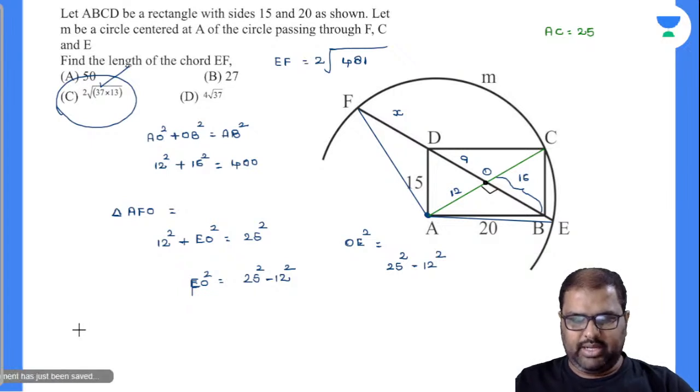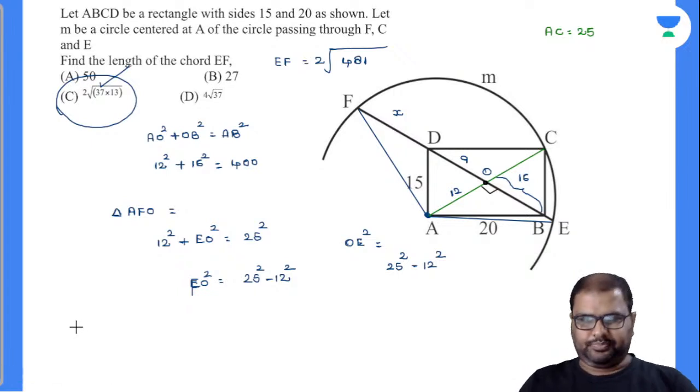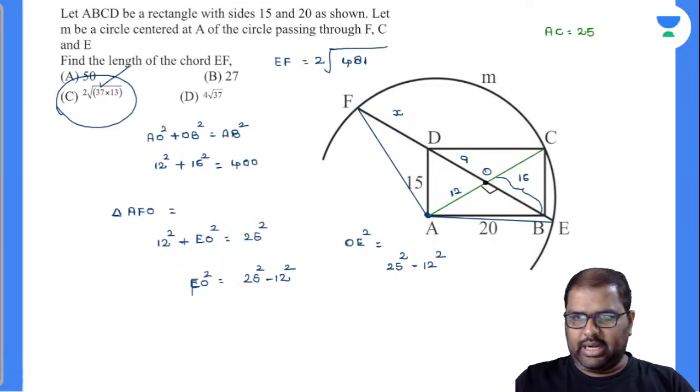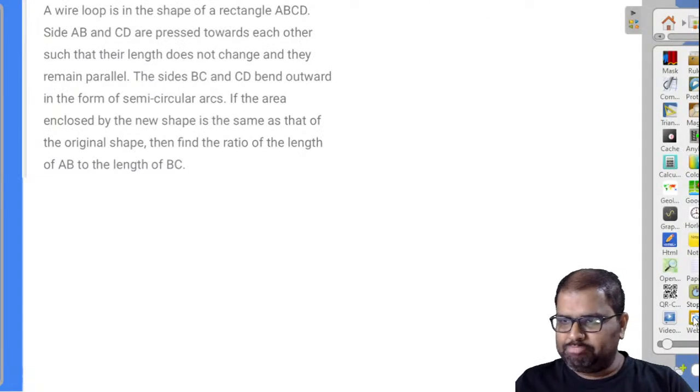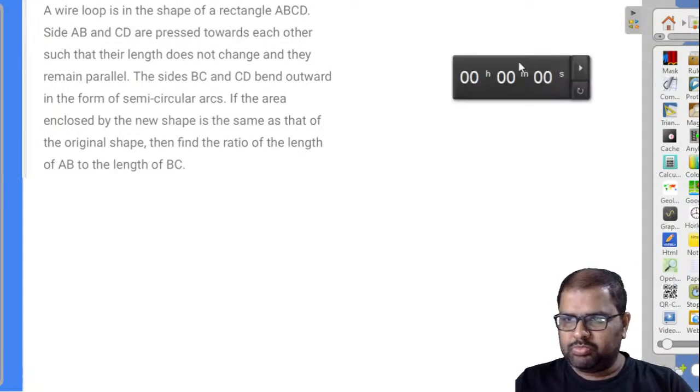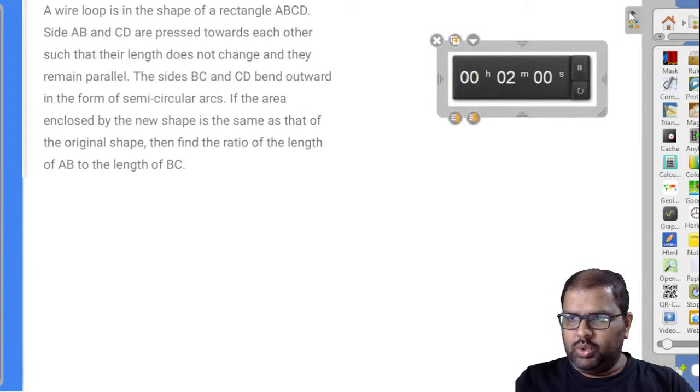How many of you got this value? Exactly, done. Yes, Srinivas, you are right. Chalo, let's go with the next question. This is the question. Two minutes, try this.